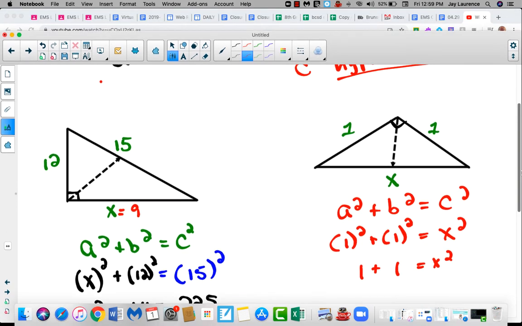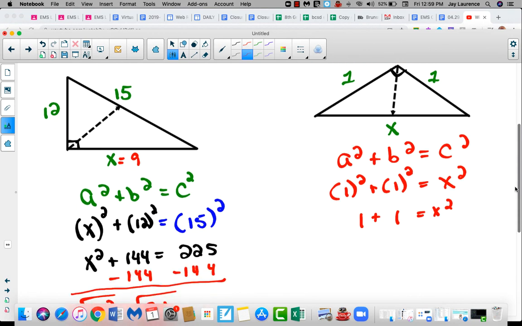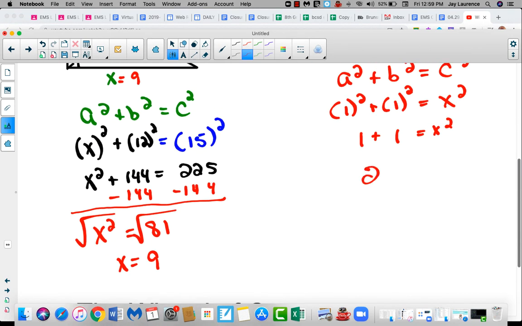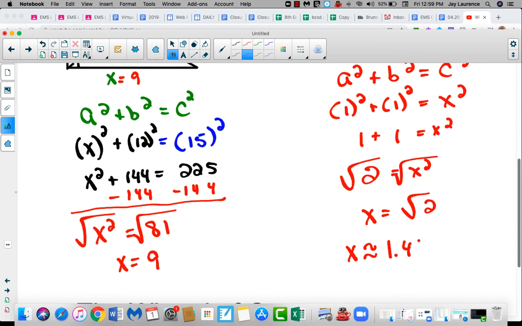And I will get 2 equals x squared. Taking the square root of both sides, I will get x equals the square root of 2, or rad 2. Now that's a perfectly acceptable answer. That's called the exact answer. You could also get a calculator and get the decimal approximation, which would be about 1.41 if you round to the nearest hundredth place. Okay?